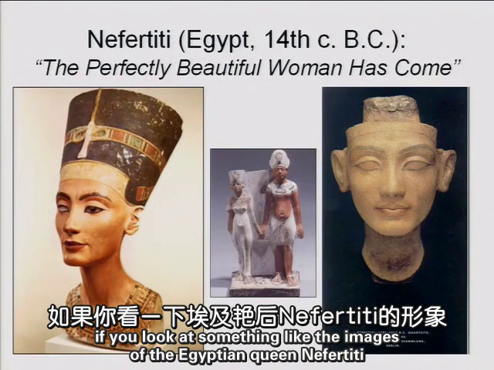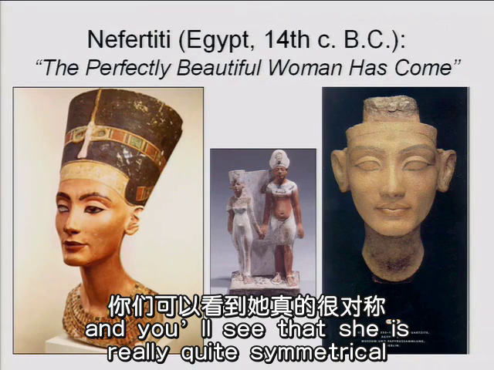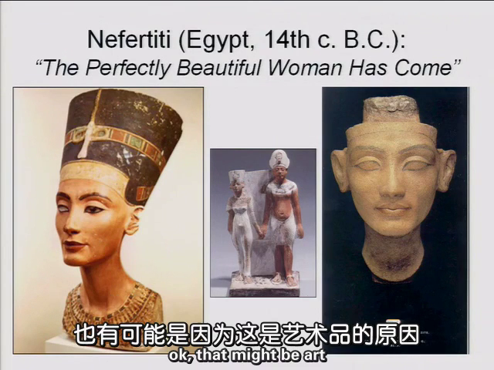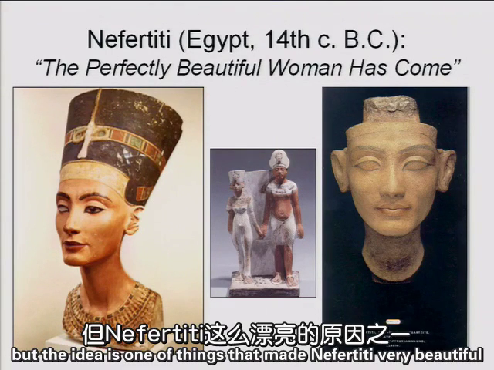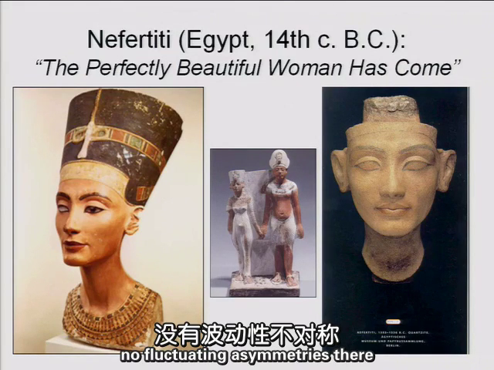If you look at something like the images of the Egyptian queen Nefertiti, Nefertiti in ancient Egyptian actually meant perfectly beautiful woman, and you'll see that she's really quite symmetrical. Okay, now that might be art, but the idea is one of the things that made Nefertiti very beautiful is that she is symmetrical, no fluctuating asymmetries there.